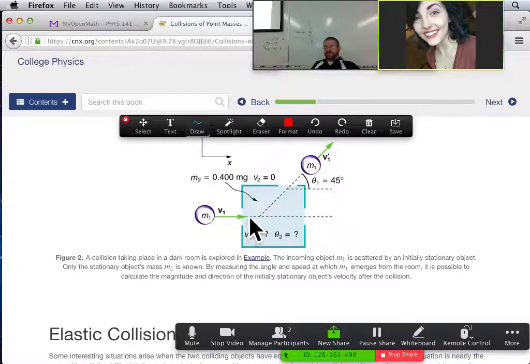So their first object comes in this direction. Oh, wait a second. They drew it very differently than I did. I drew it as coming back out in the same way. They drew it as going out this direction. So they interpreted that problem very differently.